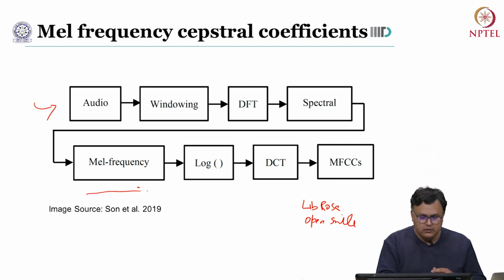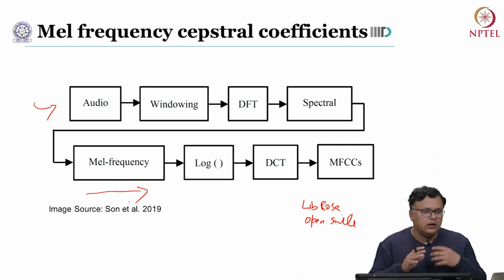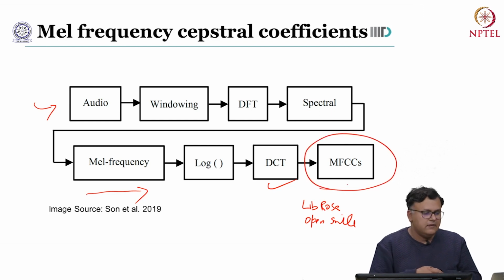Later on, we compute the logarithm of these filter bank energies and take the discrete cosine transform of the input. Further, this gives us the MFCCs, where we keep certain DCT coefficients and discard others.